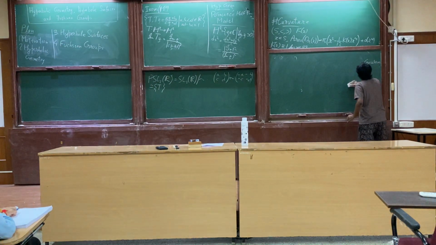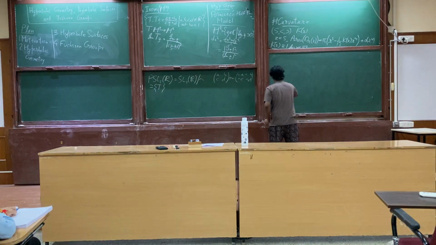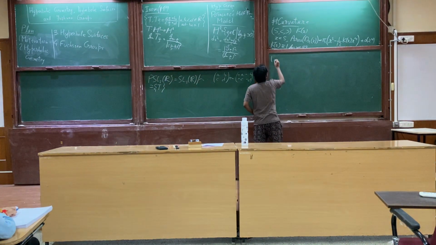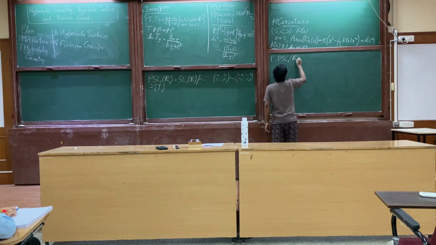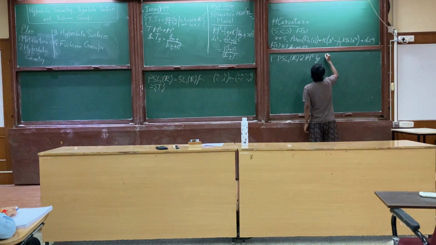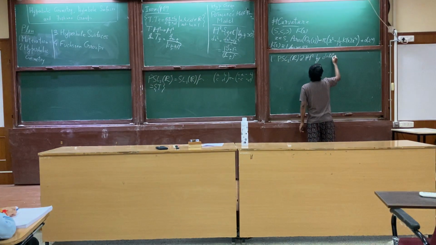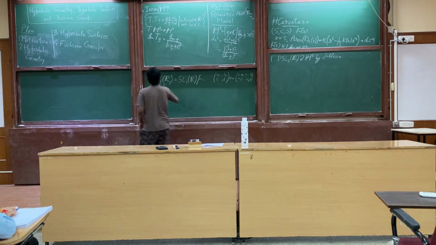I'll not be proving this, but the proofs are more or less obvious. I mean, you just sit down and compute. The first thing is that PSL2R acts on H2 by diffeomorphism. Why is this? Because you already have an action, right?